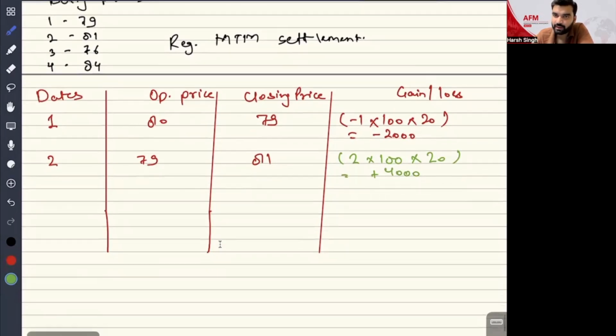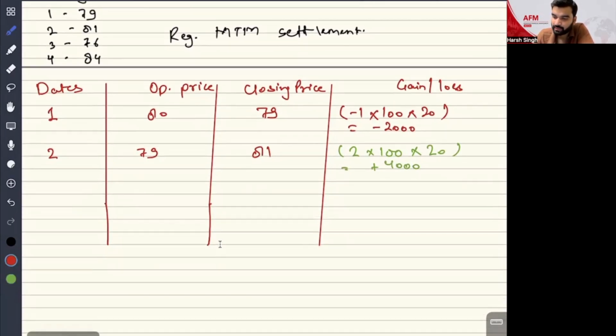Third day, I will have two things. My opening is 81, closing is 76.